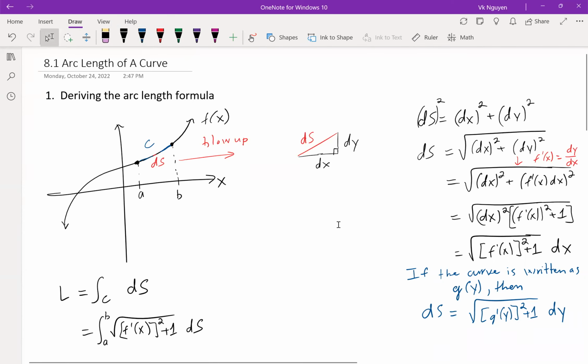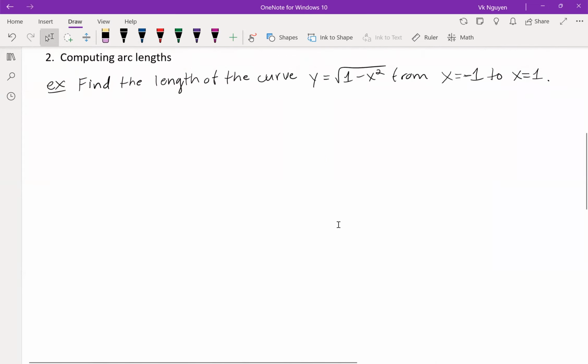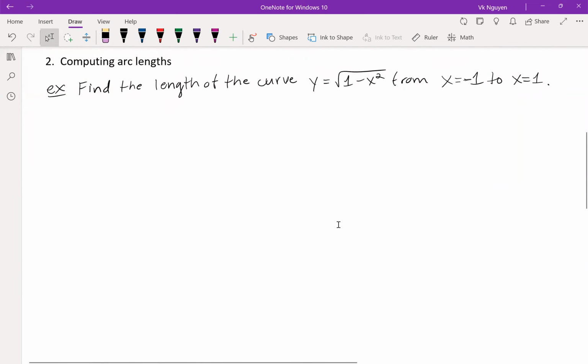Let's take a look at an example. Number 2, computing arc lengths. Example: find the length of the curve y equals root of 1 minus x squared from x equals -1 to x equals 1. You can sketch it out, get a visual.